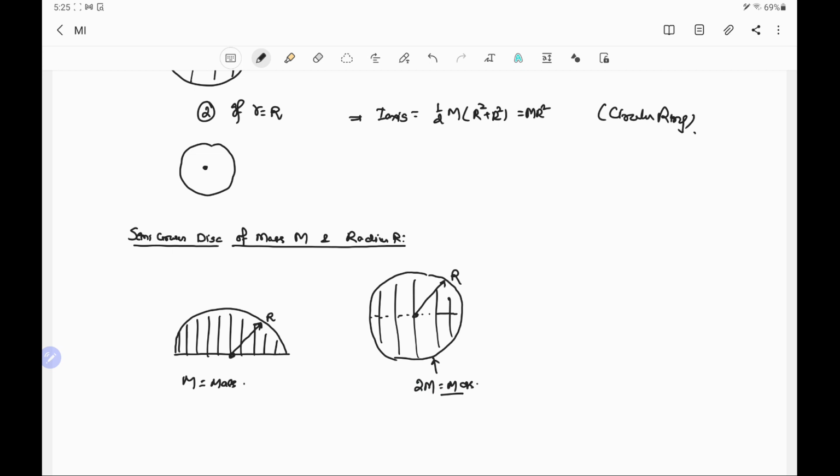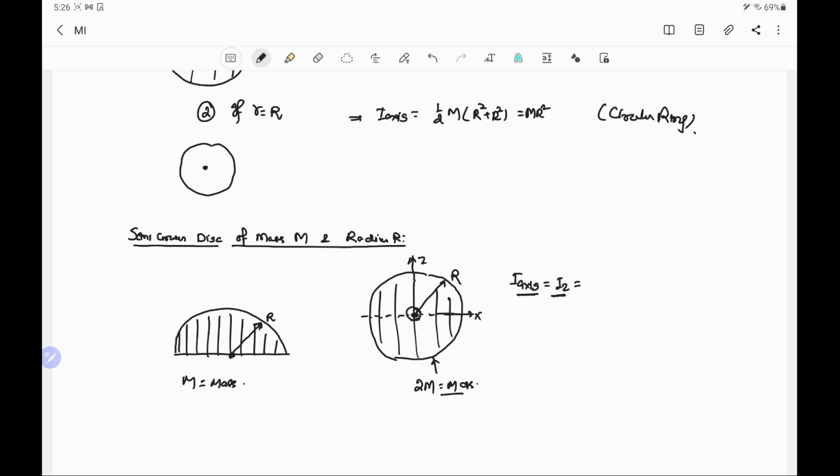For this disk, we find the moment of inertia about the axis, that means Iz. Suppose this is the center, this is the x-axis, this is the y-axis, and the z-axis is perpendicular to the plane of this paper and passing through the center. So I axis is the axis through the center perpendicular to the plane.